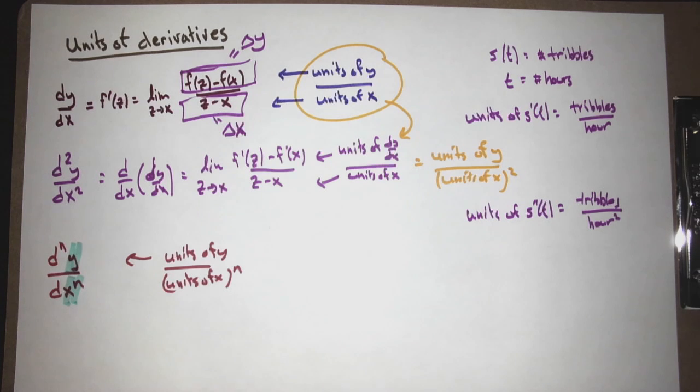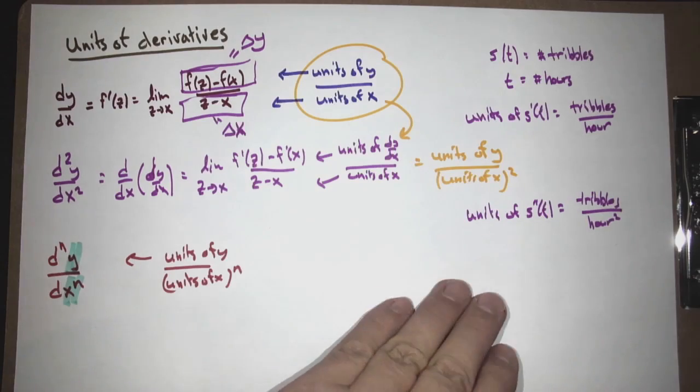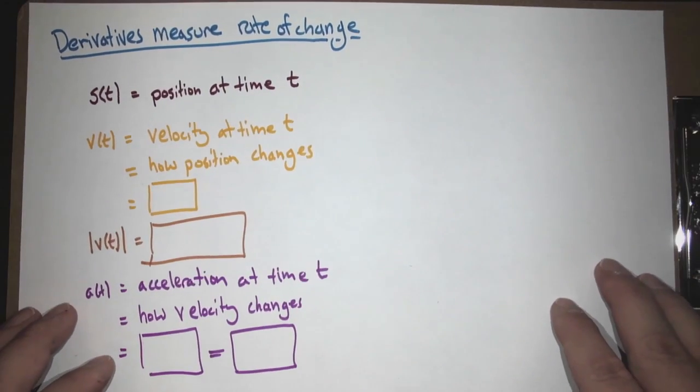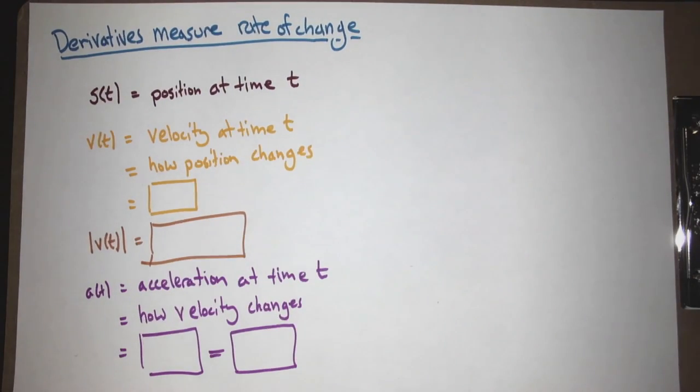So I will say it's not just usually tribbles, it can be anything. One of the things that derivatives get constantly used for, this shows up a lot in physics, is talking about things like rate of change. So you have things like position, you're keeping track of position and how things change.